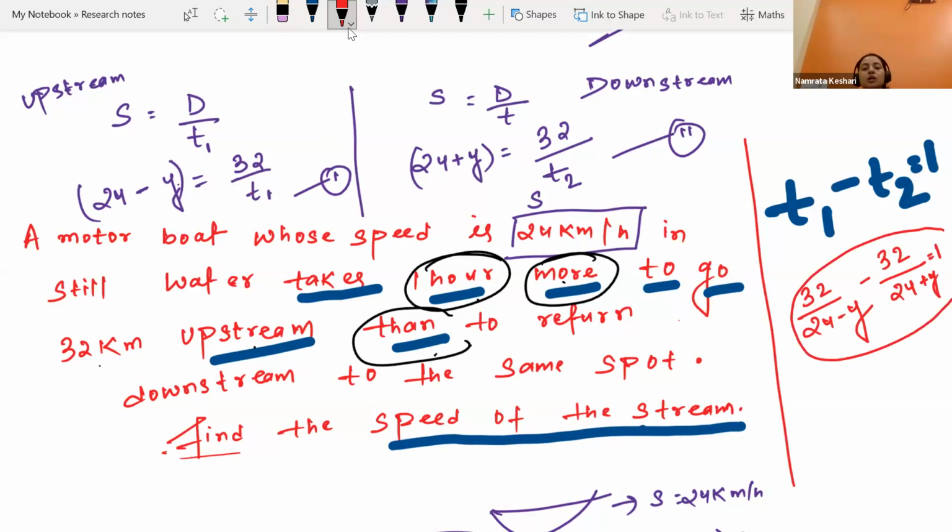Here, if you take 32 common from the numerator initially, your calculation will be a bit simpler. If you take 32 common, you will be left with 1 by 24 minus y, minus 1 by 24 plus y. You can take the LCM and do this calculation. Try it.